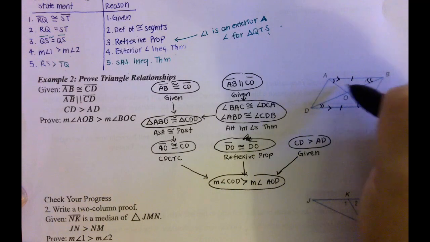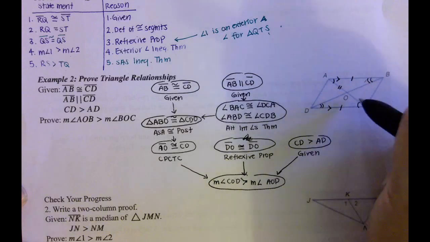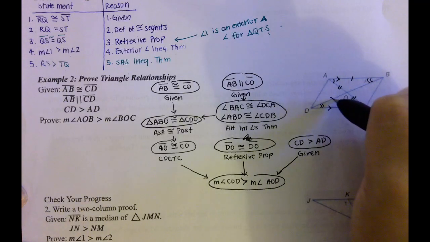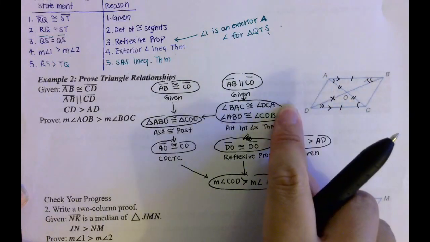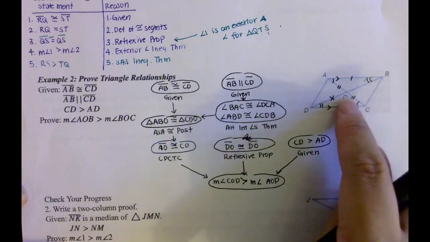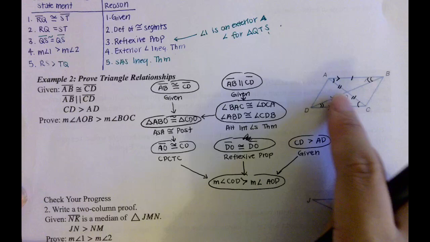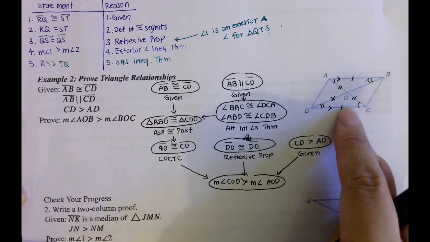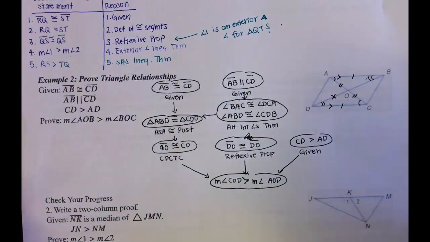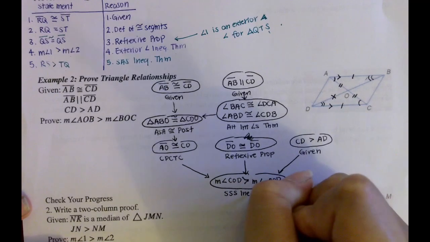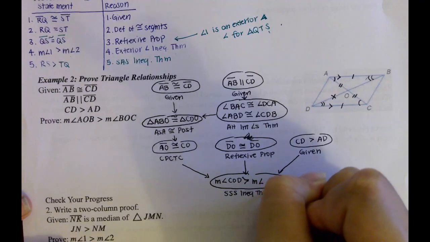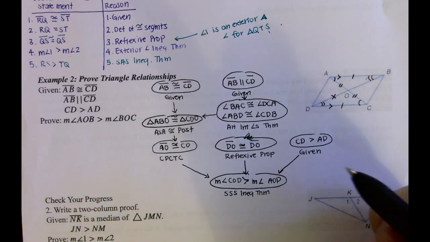So if AO here is congruent to CO, and DO is congruent to DO, and we know that this is bigger than this, what we now know is that this angle is going to be greater than this one because this side is bigger than this side. And so that's what the side inequality theorem tells us.